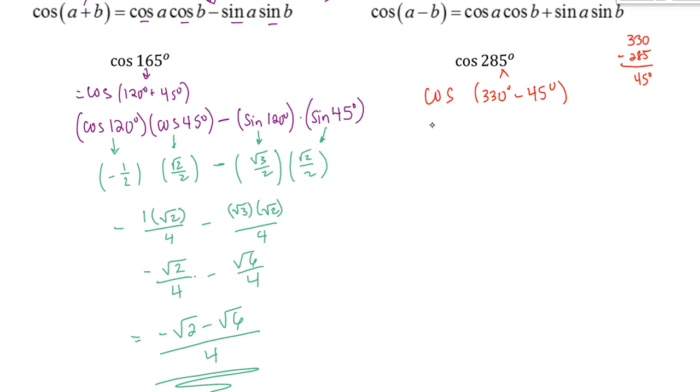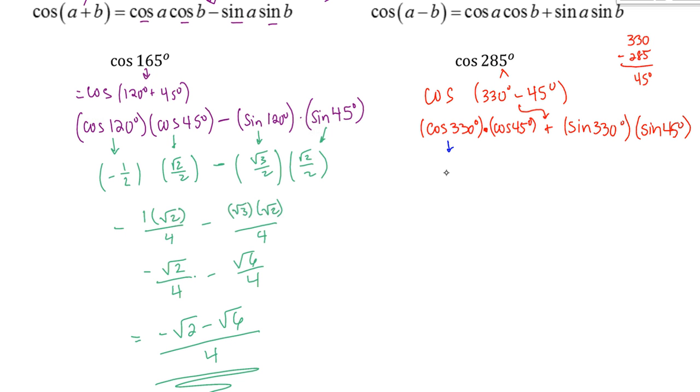Okay, formula says to split it up into cosine of 330 times the cosine of 45. Now we're subtracting this time, so it's going to be a plus right here because cosine's weird. And the rest of the formula says sine of 330 times the sine of 45. Okay, plugging in what we know.